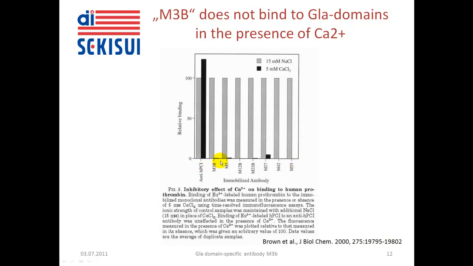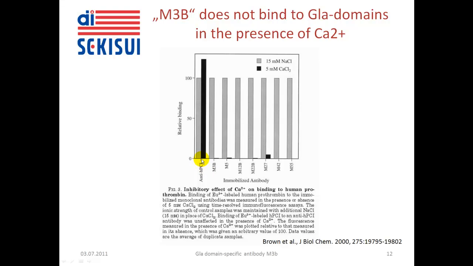Here you see the antibody M3b, and here is shown the reactivity with prothrombin, and you see that M3b reacts with prothrombin in the absence of calcium, but in the presence of another salt to correct for the ionic strength, sodium chloride, see reactivity. In the presence of calcium, no reactivity.